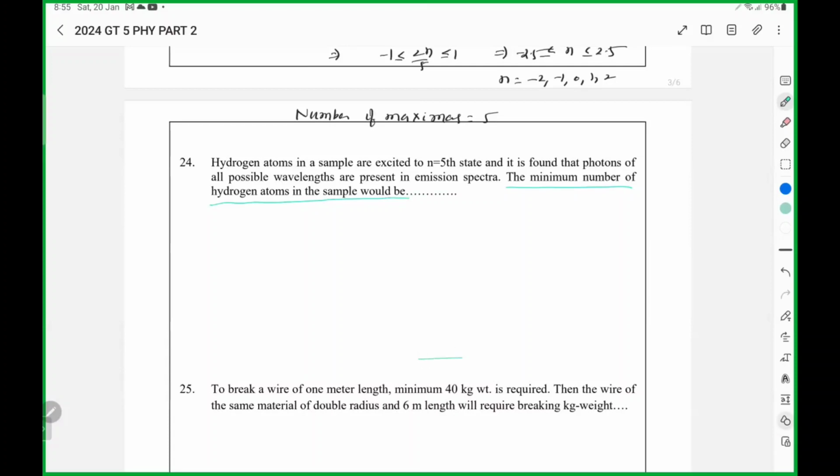So this question is not asking about spectral lines. So for every transition, one photon is released, right? It will go from one state to other state with different wavelengths.